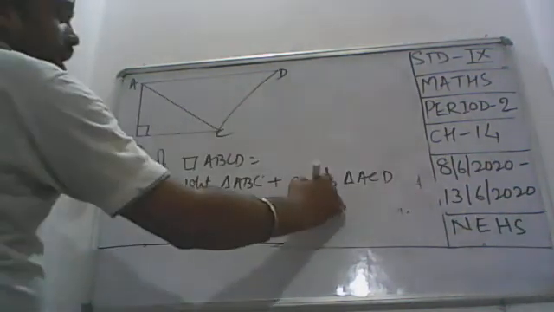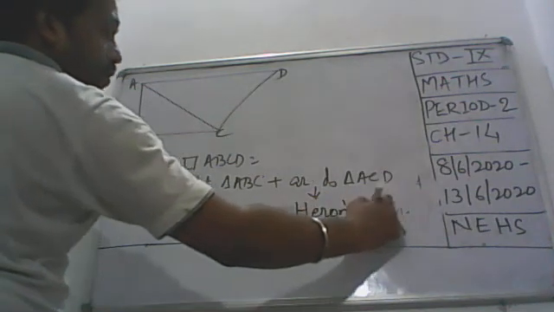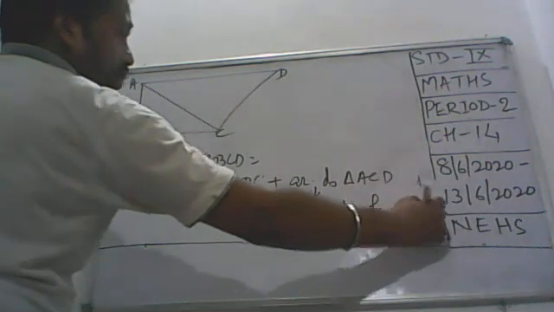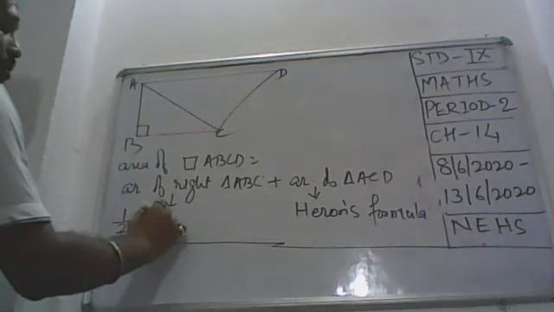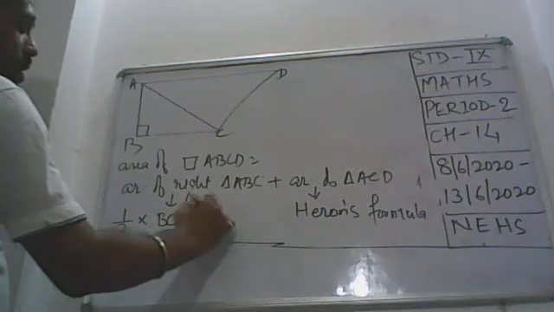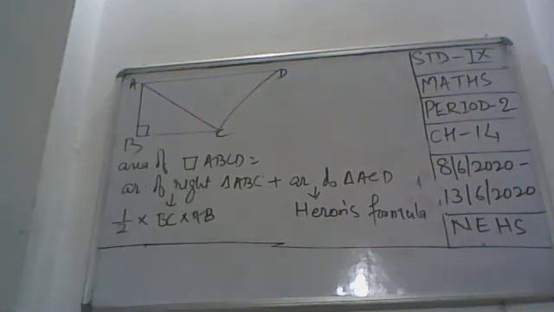Now this area can be obtained by Heron's formula. Okay, we can use here Heron's formula, and this area will be obtained by 1 by 2 into BC into AB. So understood? This type of picture can come here. Okay, we can find like this also.